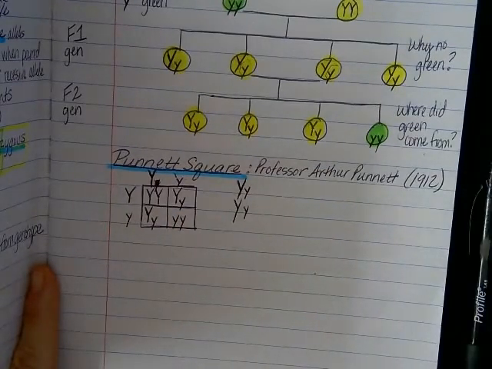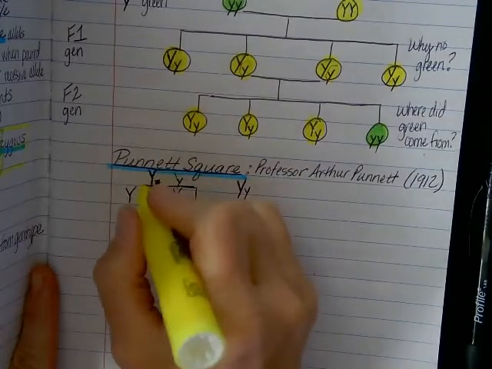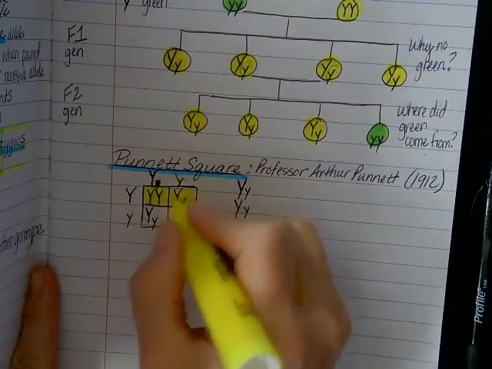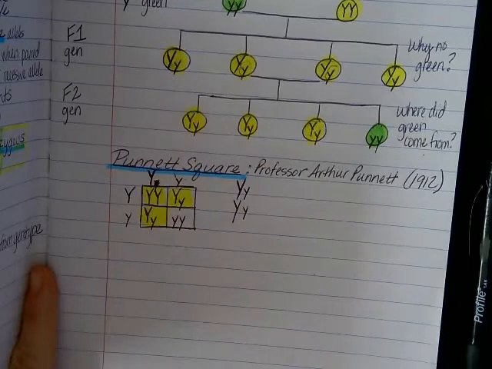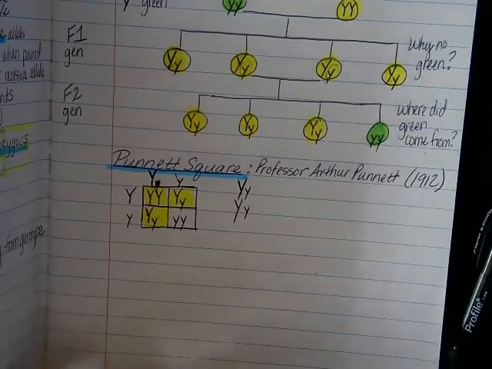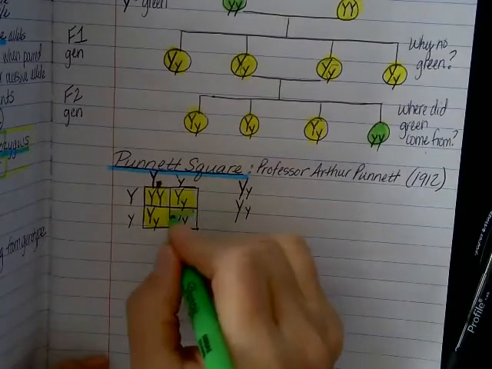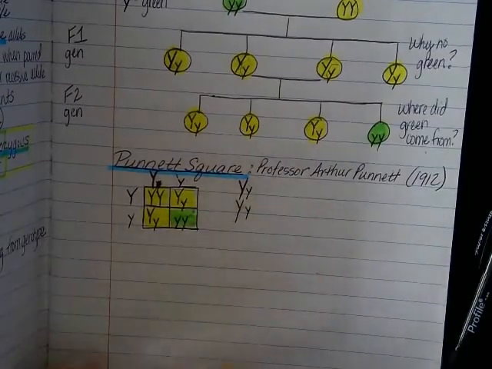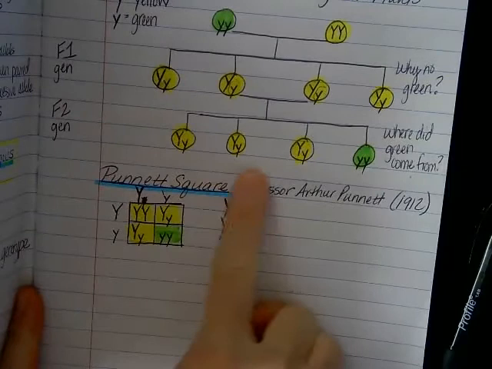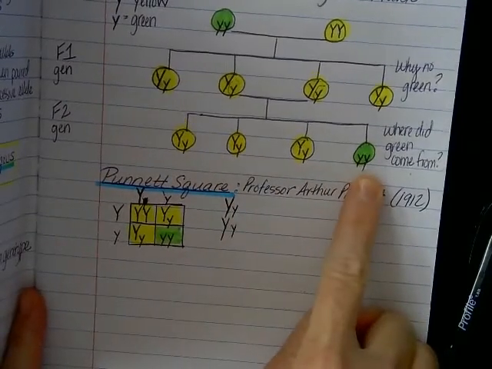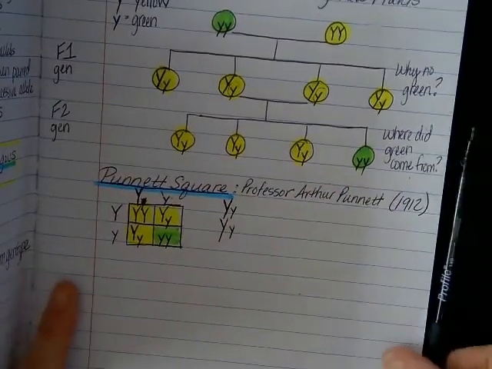So when I look at the possible combinations, I see that 3 out of the 4 would still end up yellow, and only 1 of the 4 would end up green, just like Mendel figured out. So we use the Punnett square.